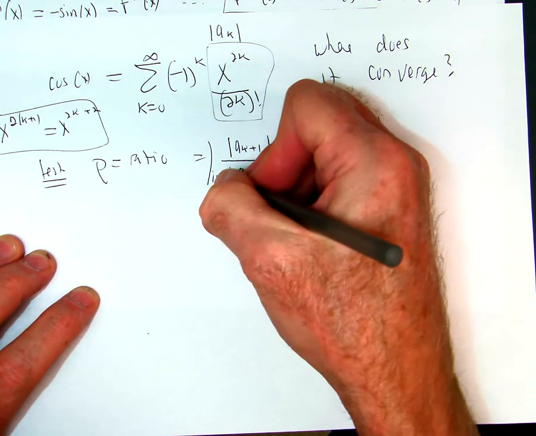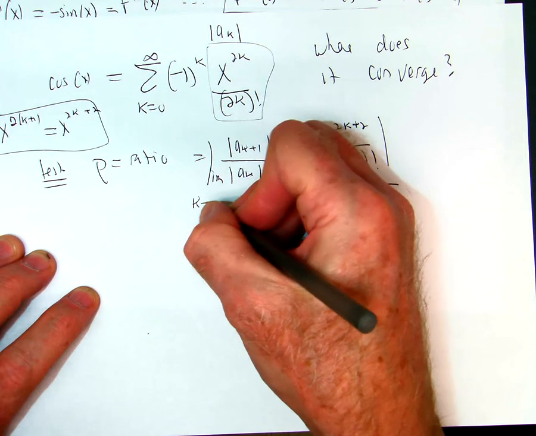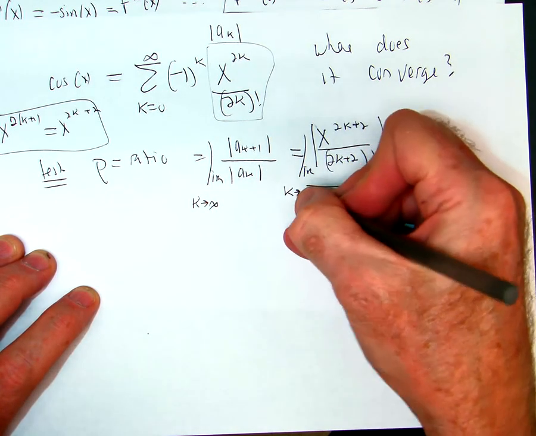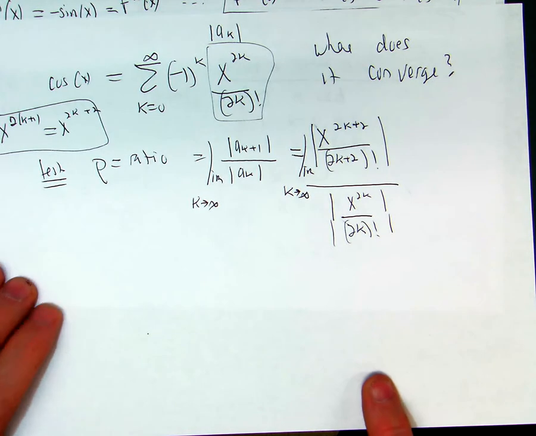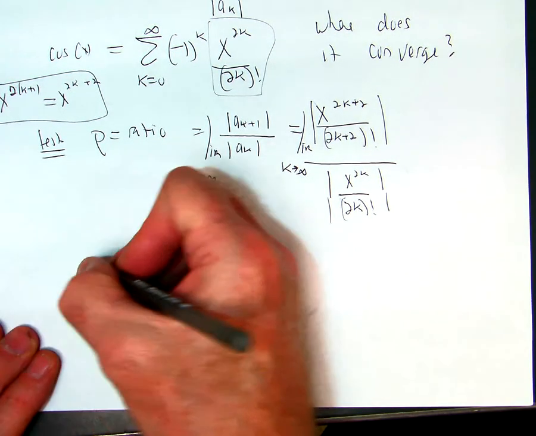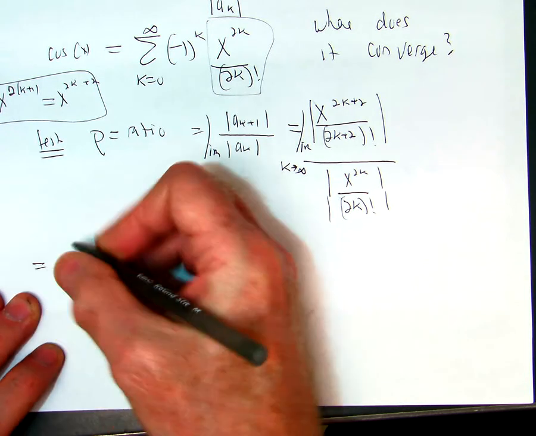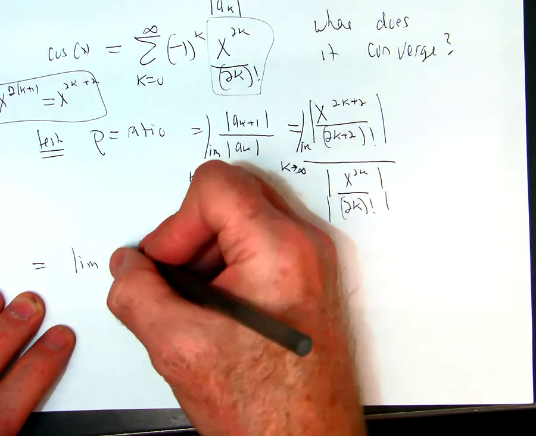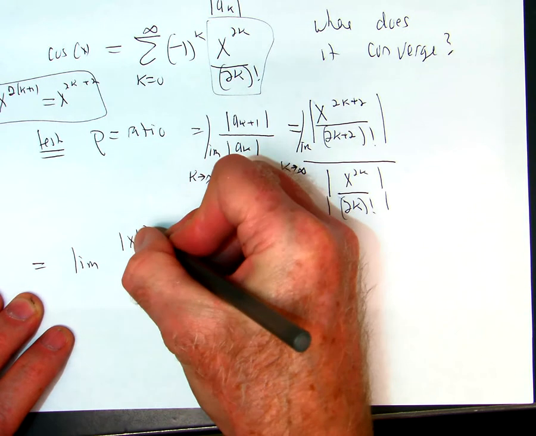I forgot my limit. I'm doing a ratio. Okay, so I'm going to have to start over here. Let's see, we got this here. Invert and multiply, apply the absolute values. x could be negative, so that's the only thing I need to worry about.